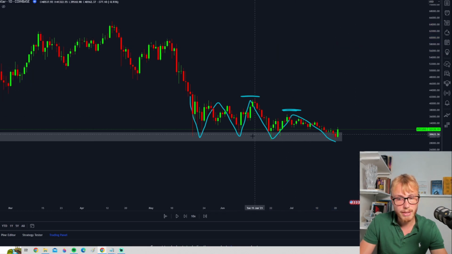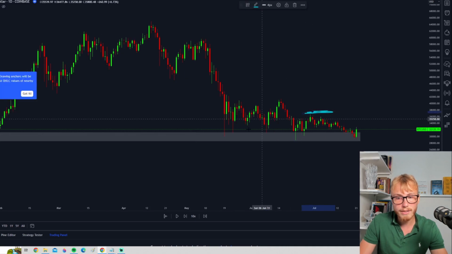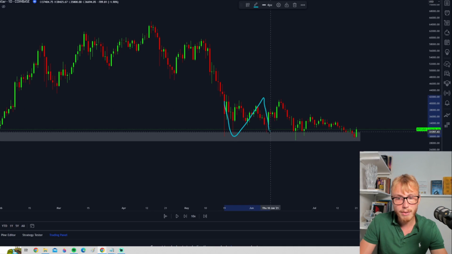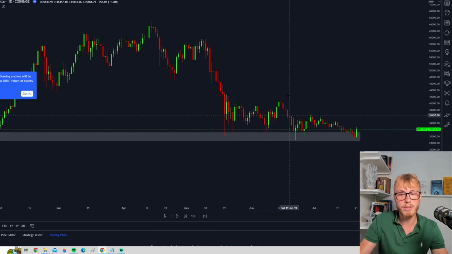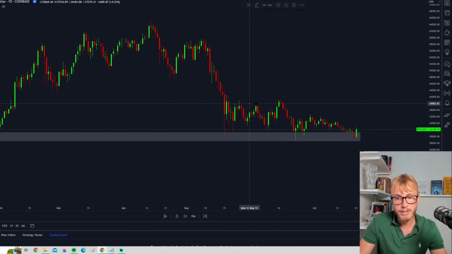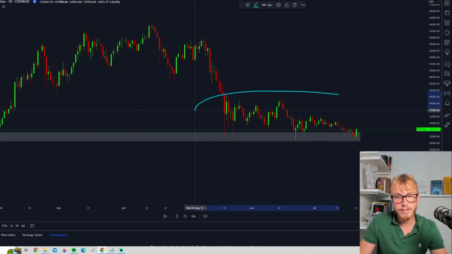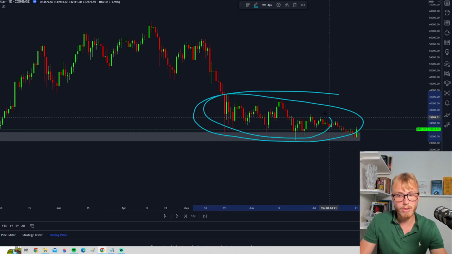But the good thing about this example was that even though we had one lower high into support, pretty much every time the price came down to support, we saw strong bounces towards the upside. You can, for example, see that we had one high right here. The next bounce, we printed a higher high.